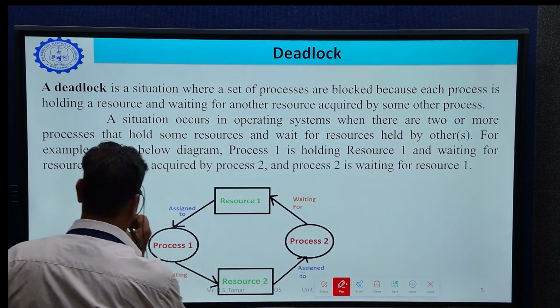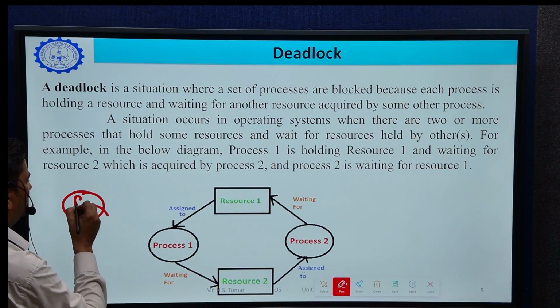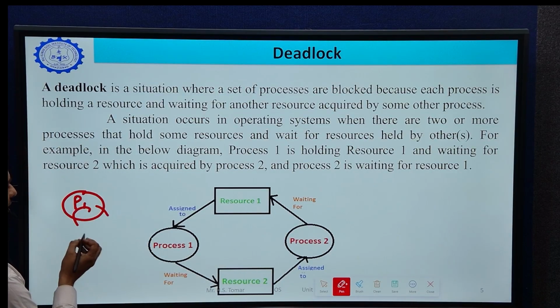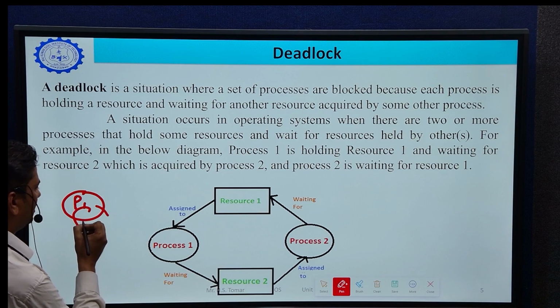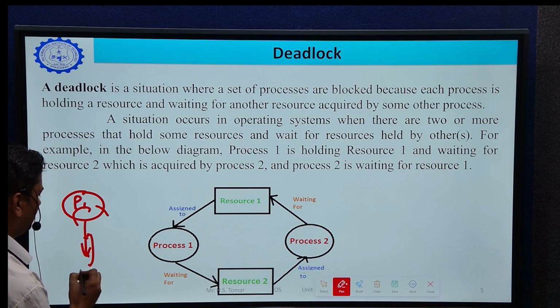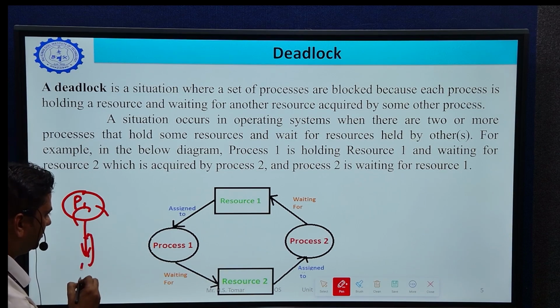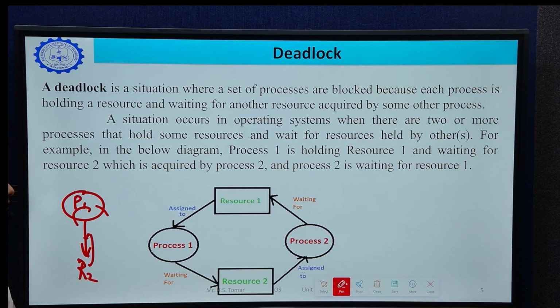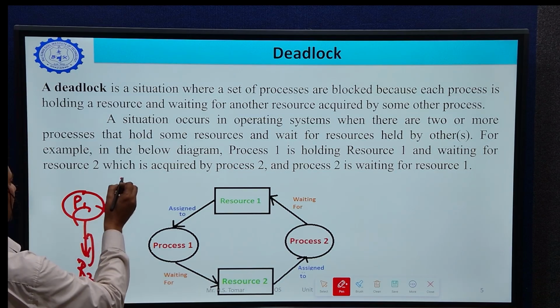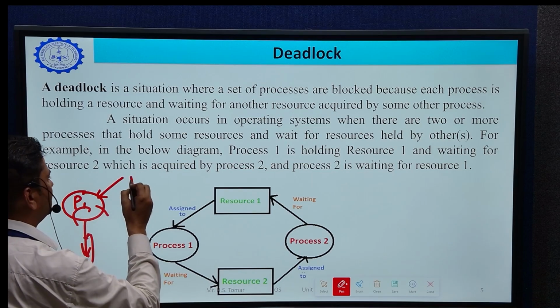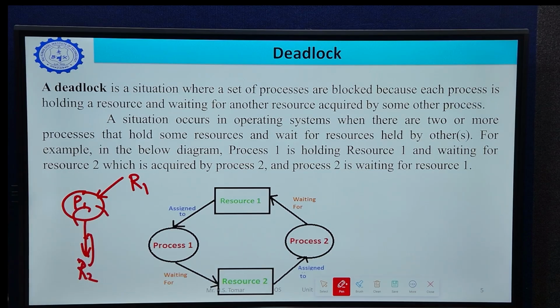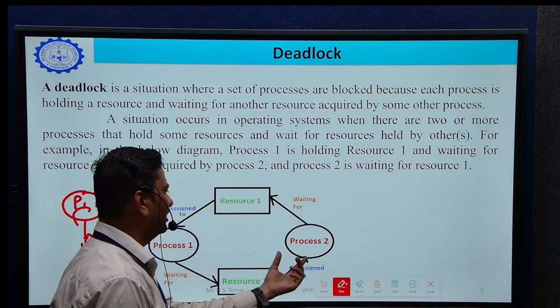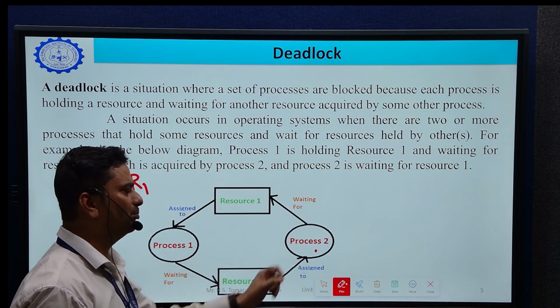See here, process P1 is requesting the resource R2. At the same time it is holding the resource R1. That means the process is waiting for resource R2, which is already captured by the process P2.